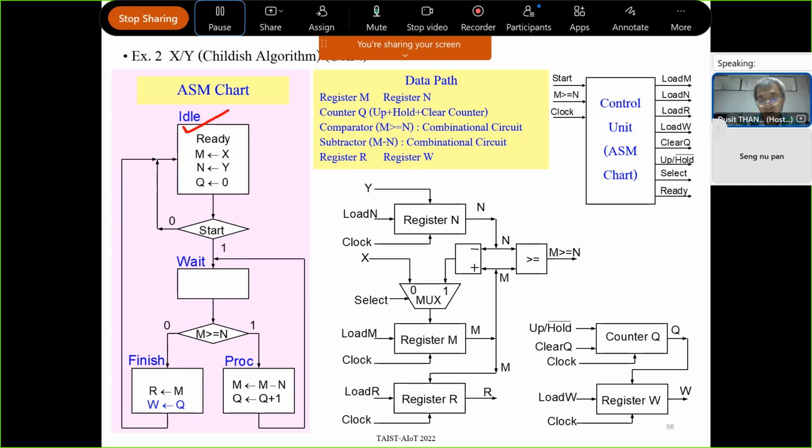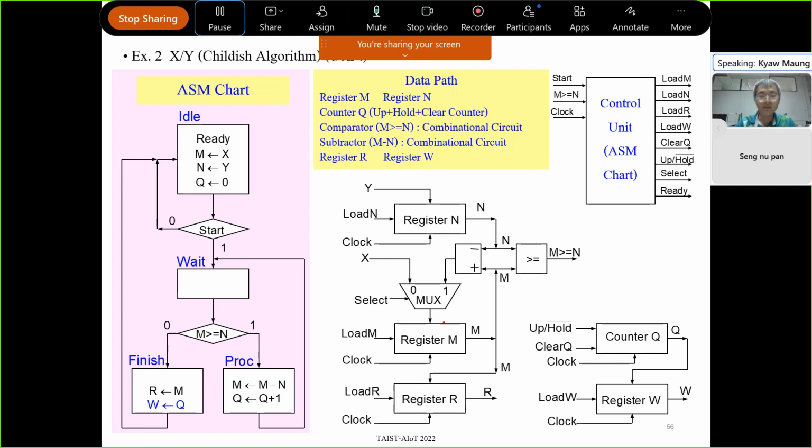At this state, you select data from address number 0, or from X, to the input of register M. But at state process, you must change the value of the select signal to 1, to select data from here to here.